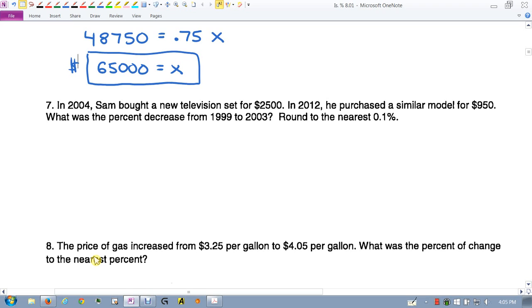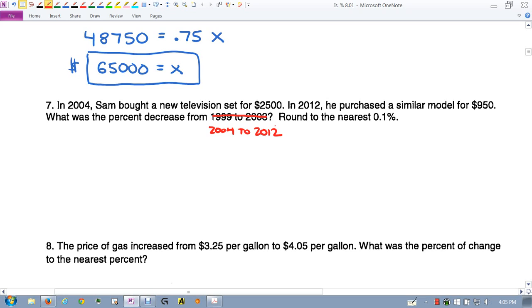The years don't match, do they? 1999. It was a good year. Yeah, they really meant, what's the difference from 2004 to 2012, right? So what's the difference? It's not even the same TV, so that's kind of weird, but all right.